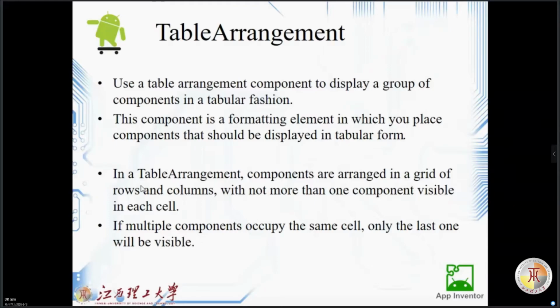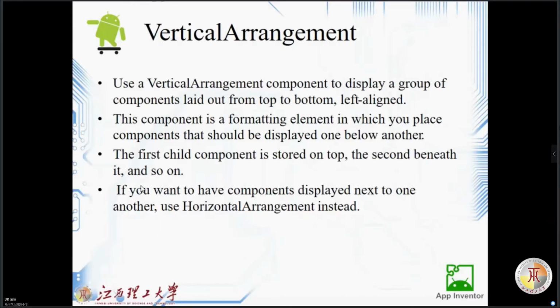It's very nice, with not more than one component visible in each cell. And if multiple components occupy the same cell, only the last one will be visible. Remember this point.